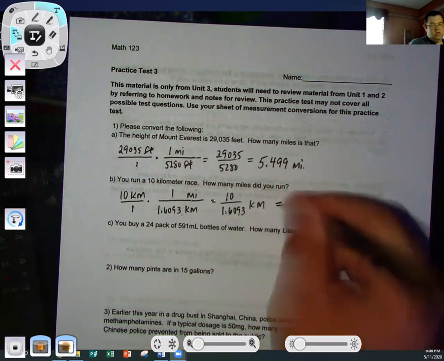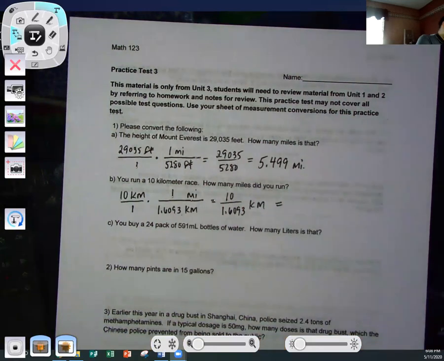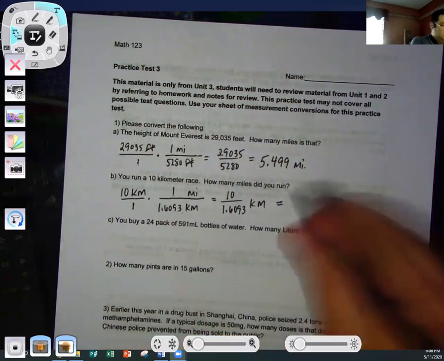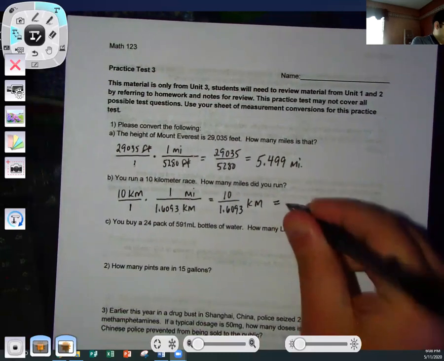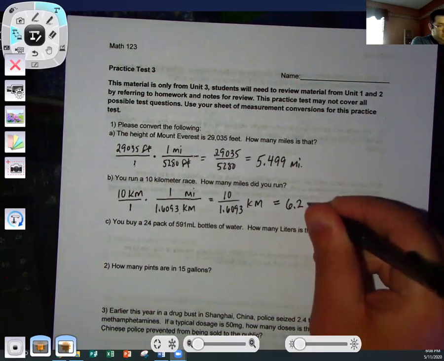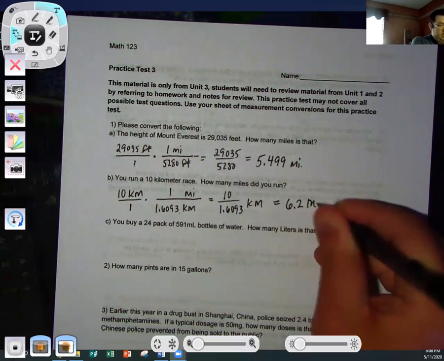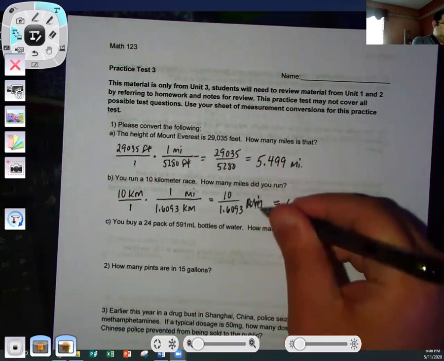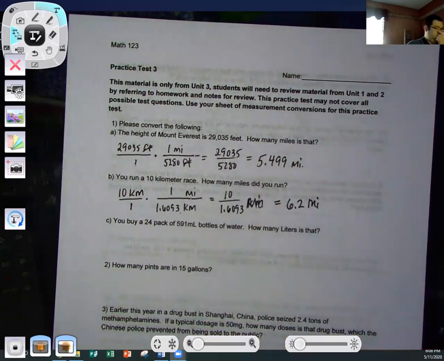When we do that division, and we round our answer using significant digits, we end up with approximately 6.2 kilometers, or 6.2 miles, not kilometers, sorry, wrong unit. Okay, so 6.2 miles.